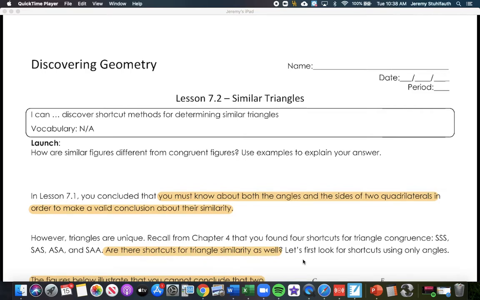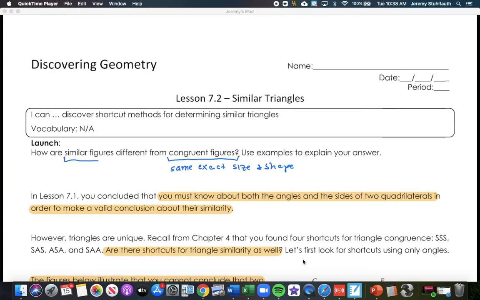So the question is, how are similar figures different from congruent figures? Congruent figures, remember, are the exact same size and shape. That means the angles are the exact same size, and the lengths of the sides are the exact same size.